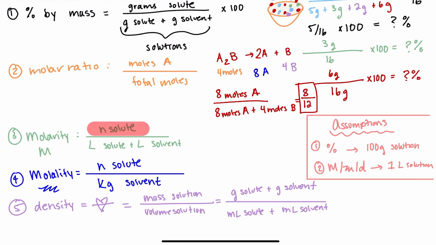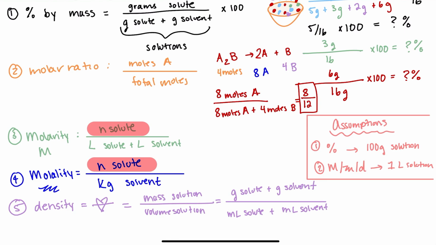So for instance, let's say we know molarity, right? Molarity is moles of solute over the liters of your solution. What else has moles of solute here? Well, so does molality, right? Molality is moles of solute. And we know that moles to grams of solute is a very simple conversion. You just need to use the molar mass.